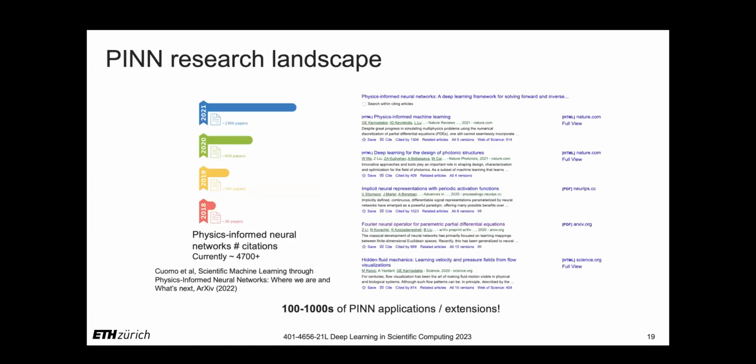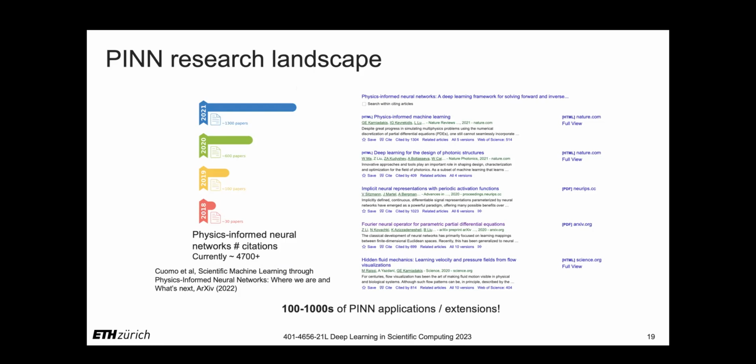Okay, so we know about these limitations of PINNs, and there have been many extensions to try and overcome them, and that's what I'm going to talk you through for the rest of the talk. If you look at the number of citations of PINNs, they've been growing exponentially since the paper was released.